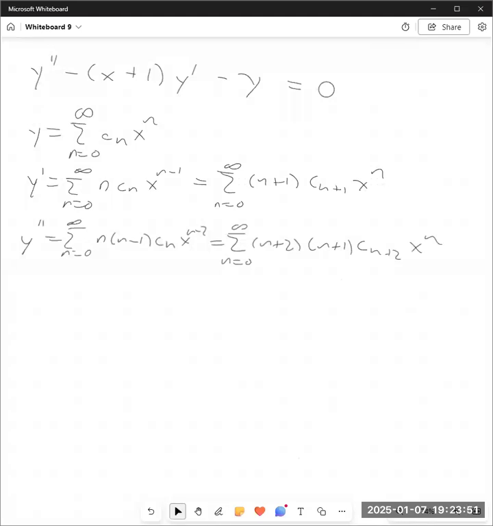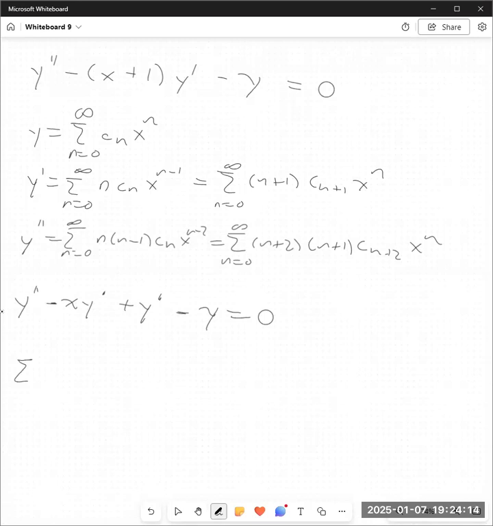So let's look and see which pieces here are going to match up for me to all start at 0 and go to x to the n.